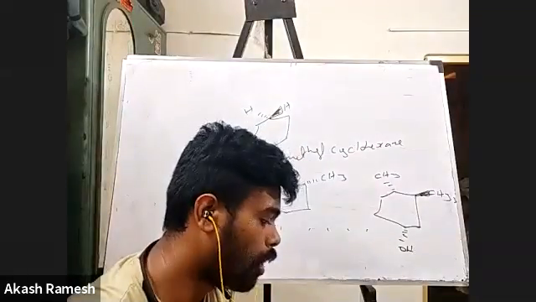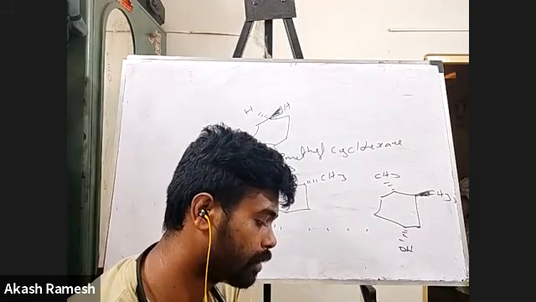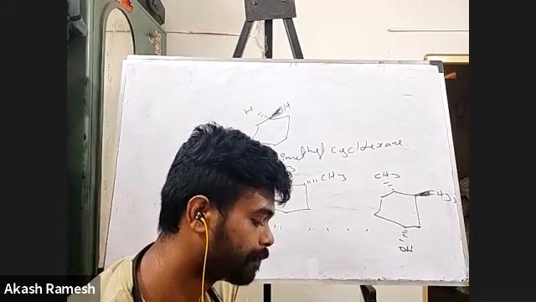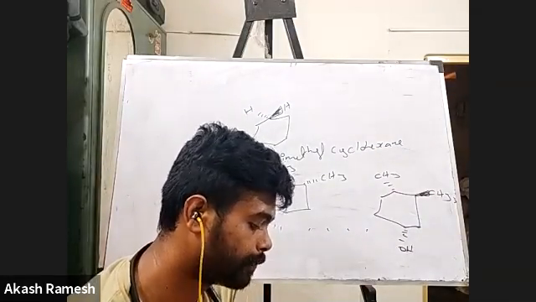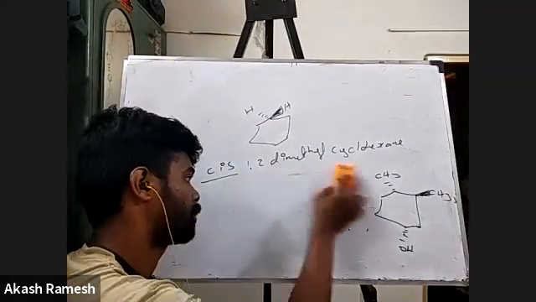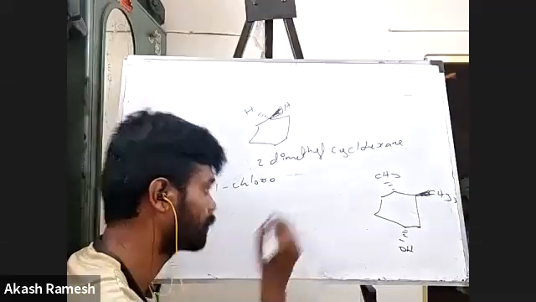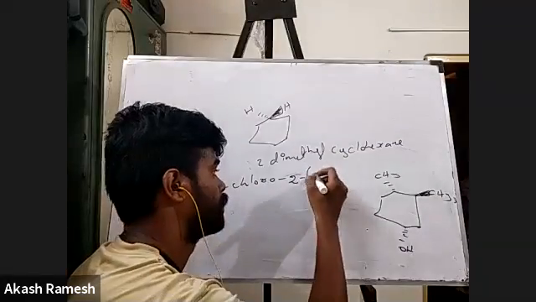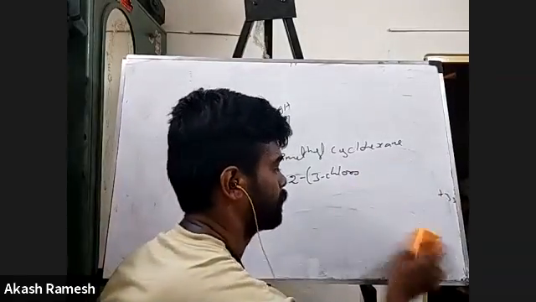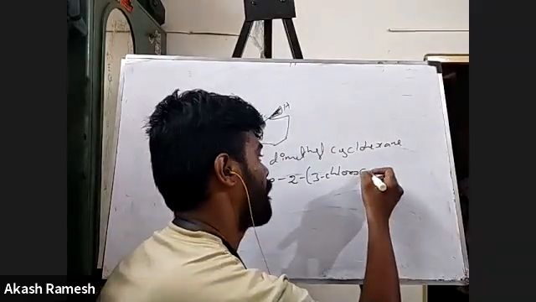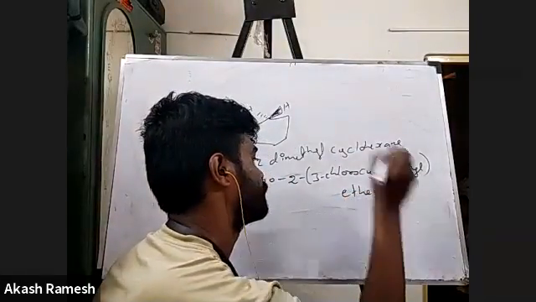How many different stereoisomers exist for this compound, which I'm going to write on the board? 1-chloro-2-(3-chlorocyclobutyl)ethene.